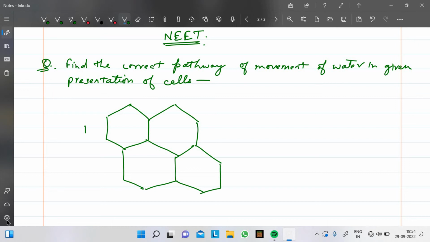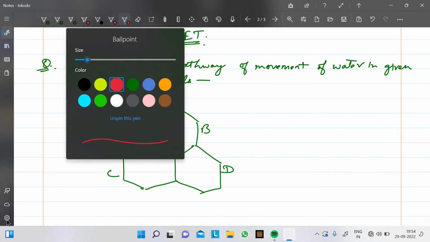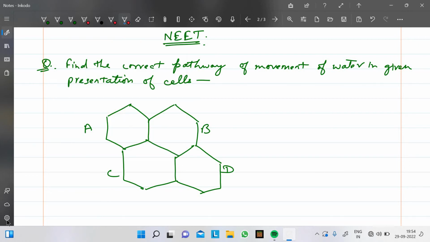These are 4 cells A, B, C and D. और इनका डीपीडी दिया हुआ है.